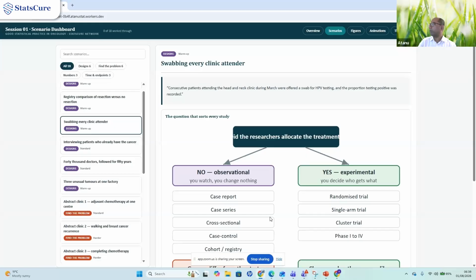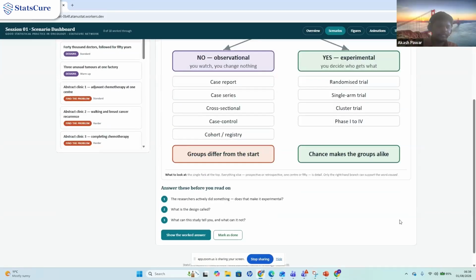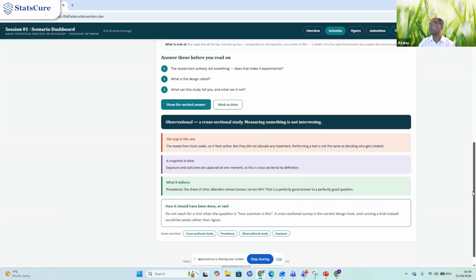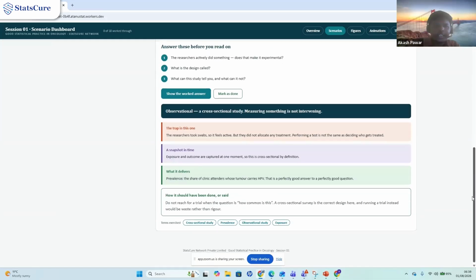So it would not be. Should we go with the answer? Let's see what the answer is. The researchers took swabs, so it feels active, but they did not allocate any treatment. Performing a test is not the same as deciding who gets the treatment.